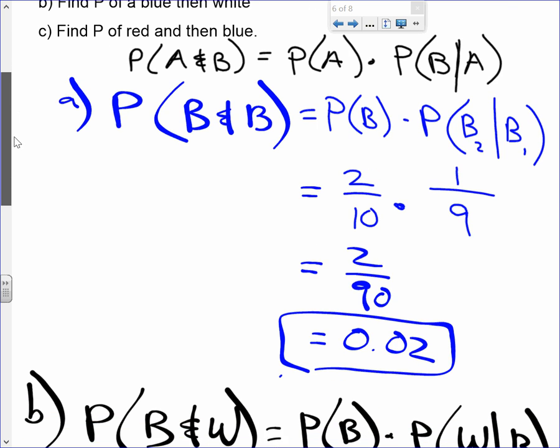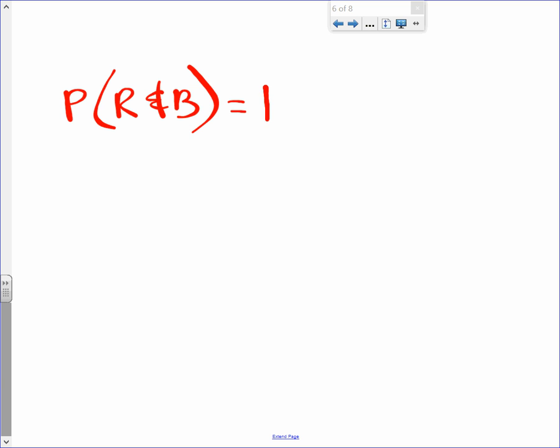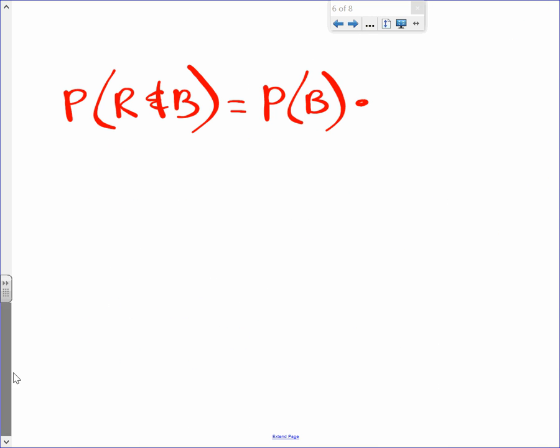Find the probability of getting a red and then a blue. Here we go. Times the blue given I got the red. So it's a red, then a blue.